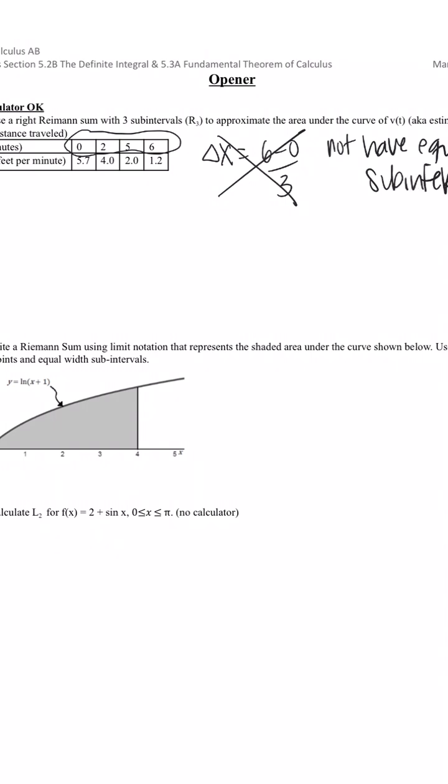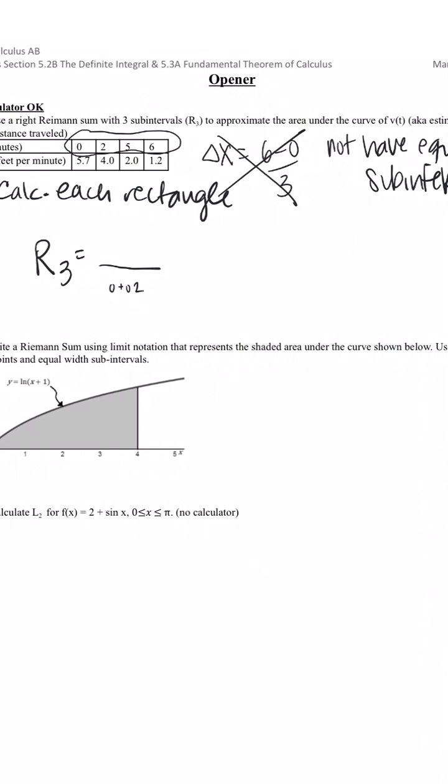And so what I mentioned last time in our notes was that we need to calculate each rectangle. Okay, so we're doing a right Riemann sum. The first rectangle is going to go from 0 to 2.